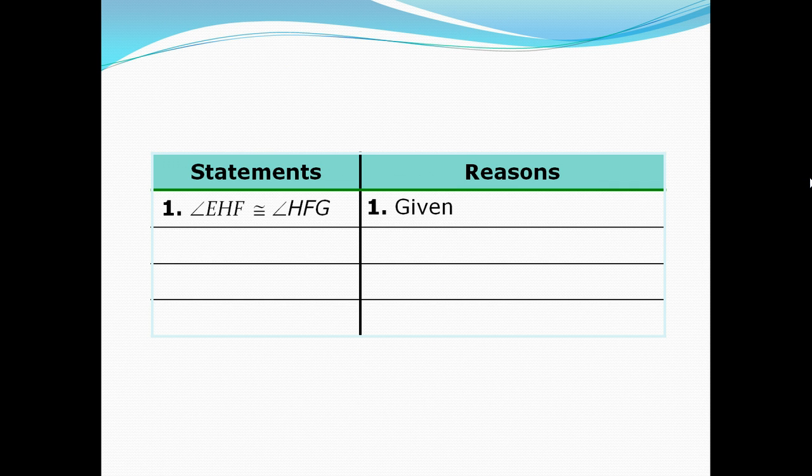You should have said that angle EHF is congruent to HFG. This was given. And then you have EH is parallel to FG by the converse of the alternate interior angles theorem.